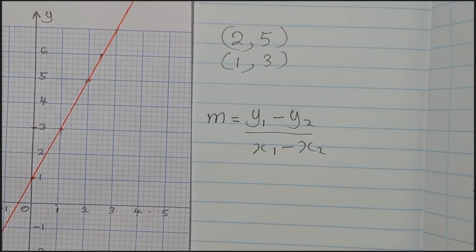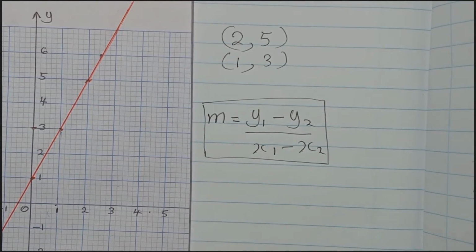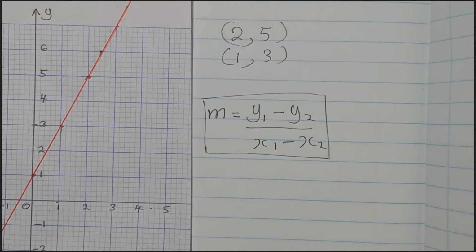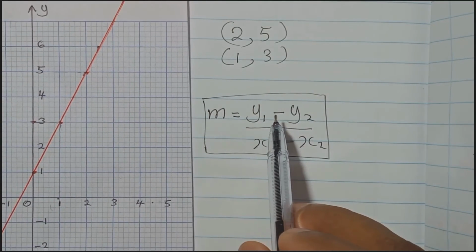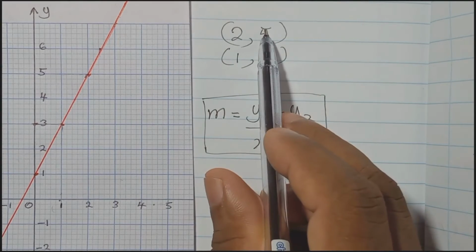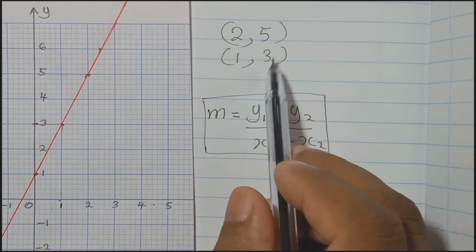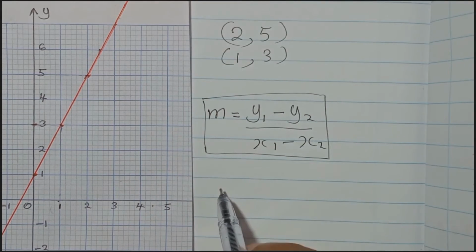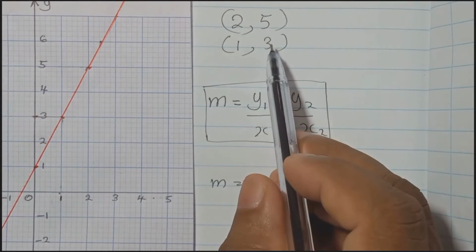This formula you must remember to find the gradient, and it is a very important formula regarding linear graphs. Now you can see here y1 minus y2. That means from this y value subtract this y value, or from this y value subtract this y value. It doesn't matter. You can choose either this from this or this from this. Now I will write, gradient equals, from this y value I will subtract this one.